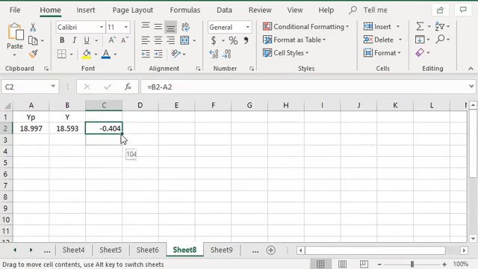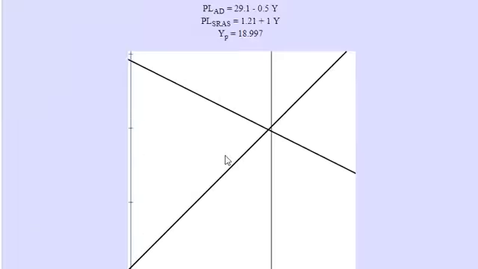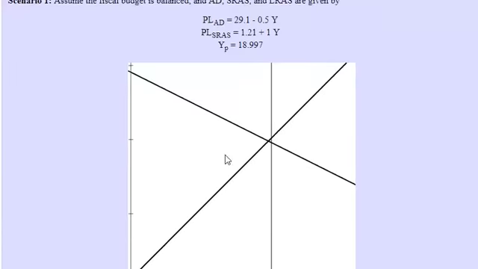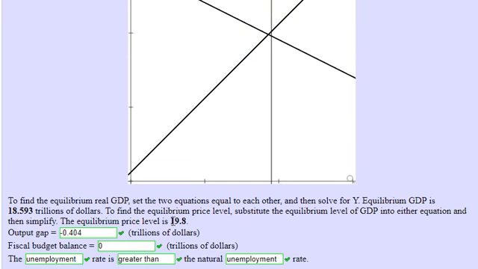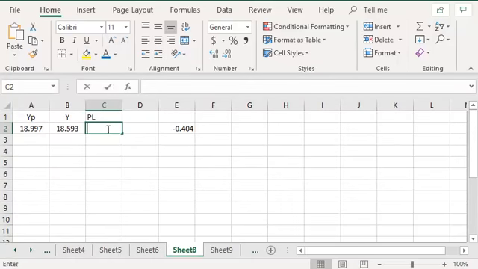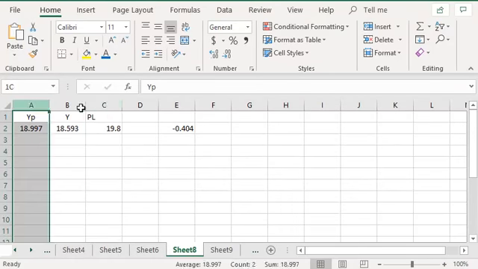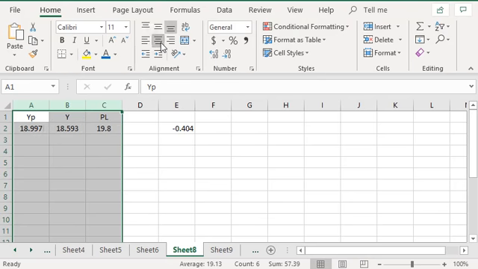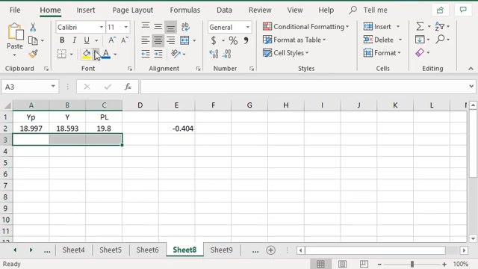Okay, so what I'm going to do, I'm just going to move this over here. And this is going to be the price level. And this is scenario 1, and we need a scenario 2, right? So let's go back and get the scenario 1 price level. Scenario 1 price level is 19.8. Right? Now we need the scenario 2 GDP and price level.